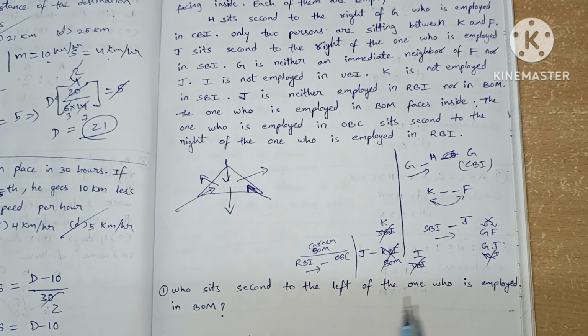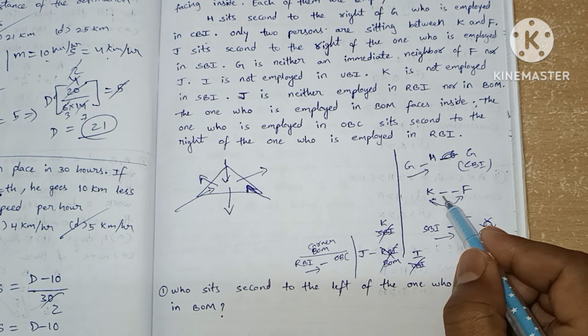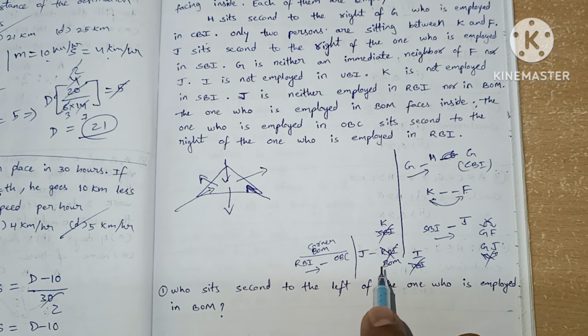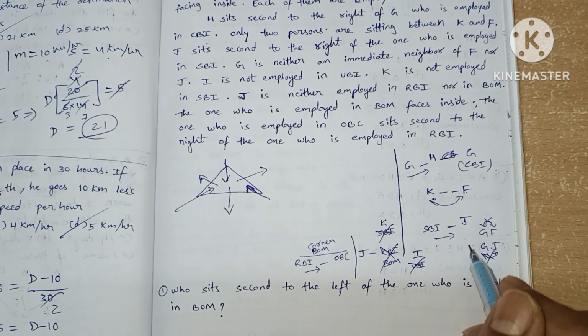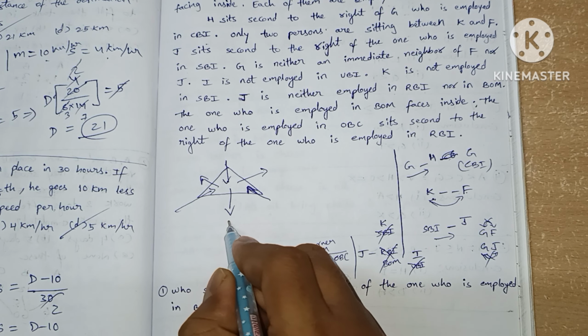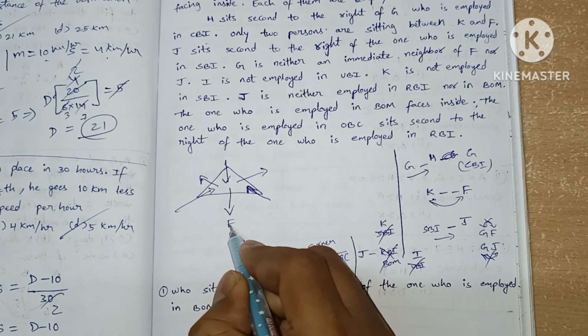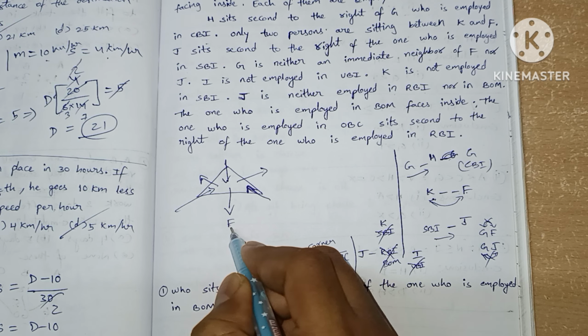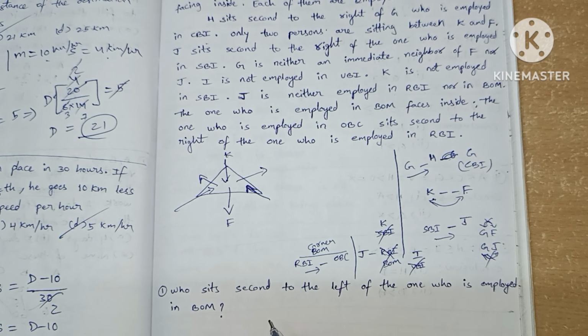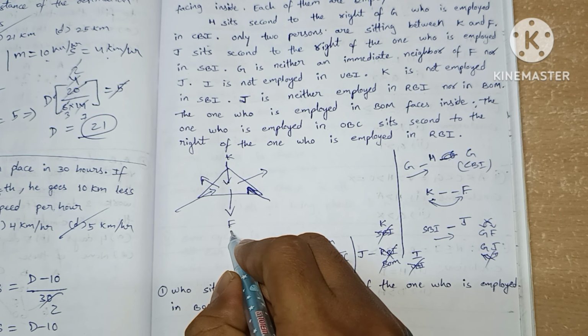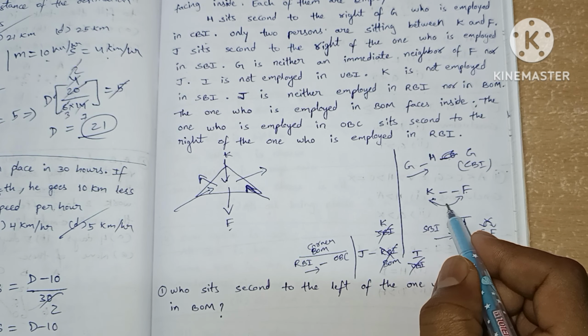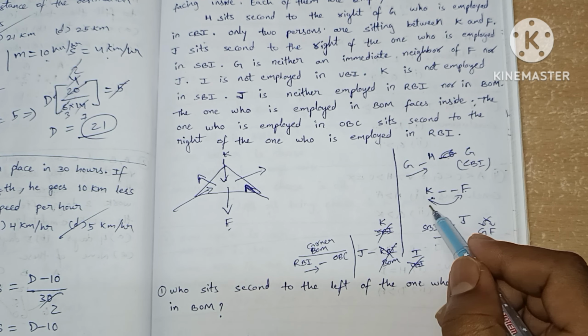Let's start with this one. There are 2 people between K and F, so we can make 2 possibilities: F in the middle, or F in the corner. I'll take F in the middle. This is K, so this one is completed.